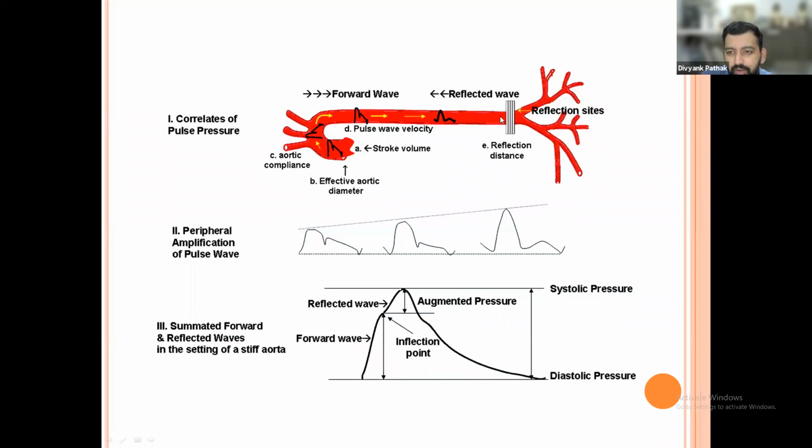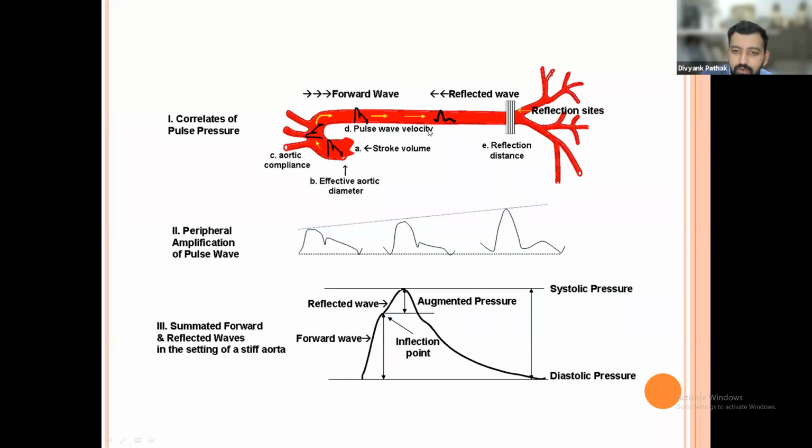Now at the point where the artery bifurcates, the pulse wave is flowing here and the blood will go there, but because of the obstruction there will be a reflection of the wave in the opposite direction. So this reflection is also noted.